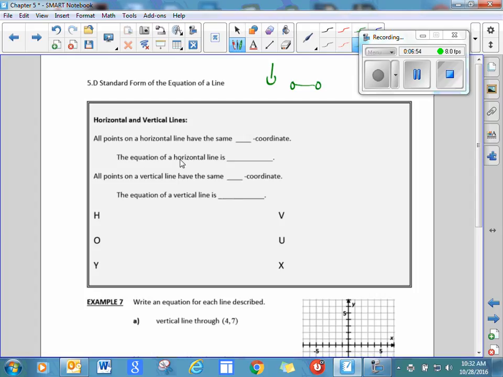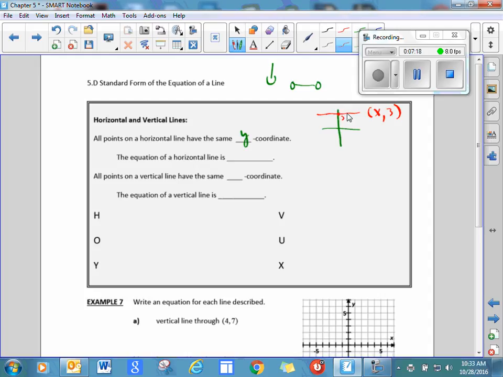So the points on a horizontal line have the same y coordinate. So if you were to plot a perfectly horizontal line, I'll just pick one right here, and let's say that point is 3. Every single x is going to have its y coordinate be 3.